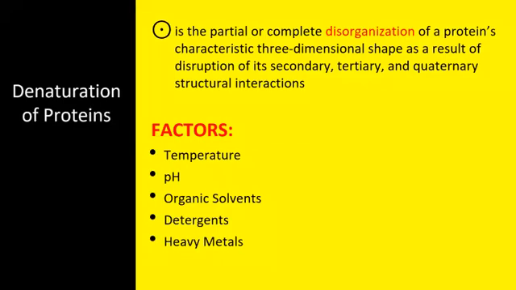The factor for this can be the presence of high or low temperature, high or low pH, organic solvents, detergents added, or heavy metals attached to our protein molecules. We will be covering these one by one.